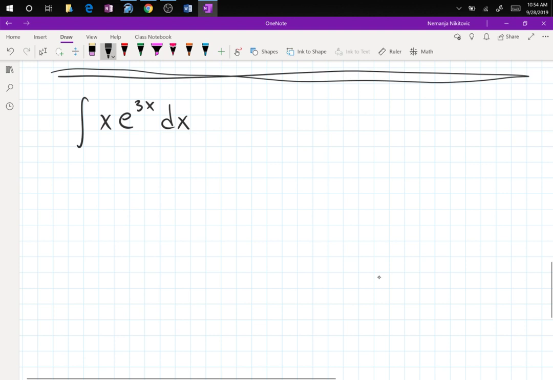Don't forget to write dx on a dv. You need dx on dv and dx on du, because those are parts of the equation.